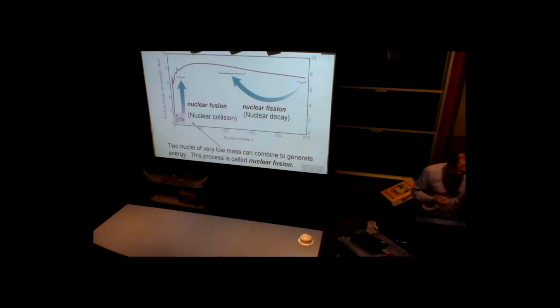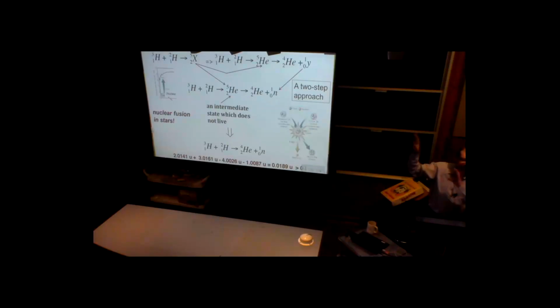So that's what is happening inside every active star, in the sun.